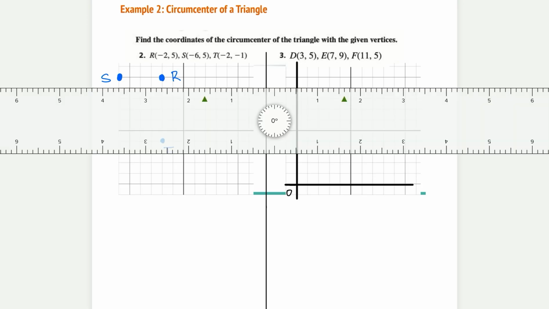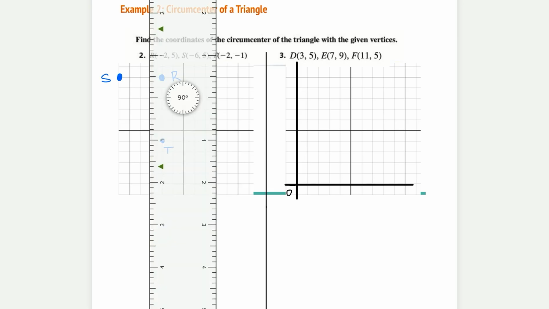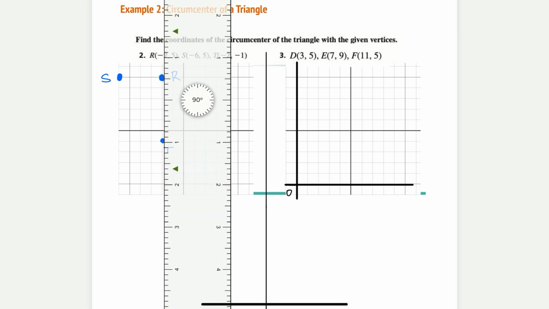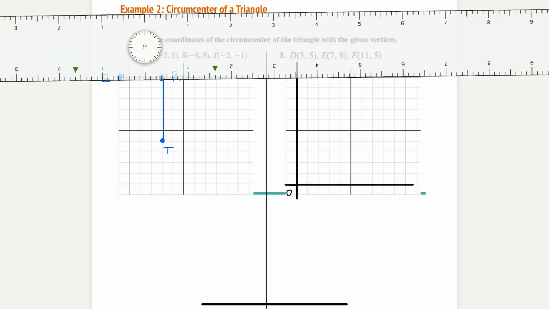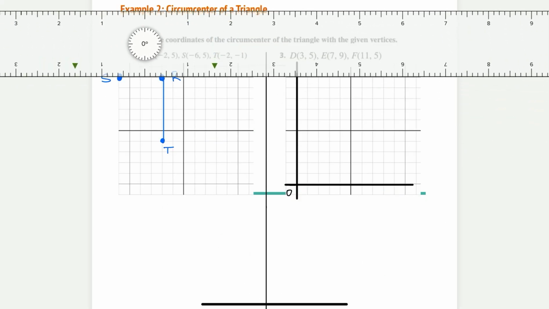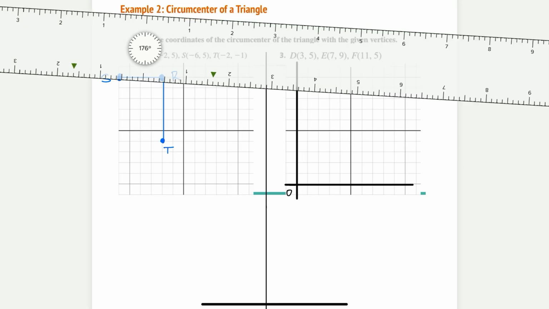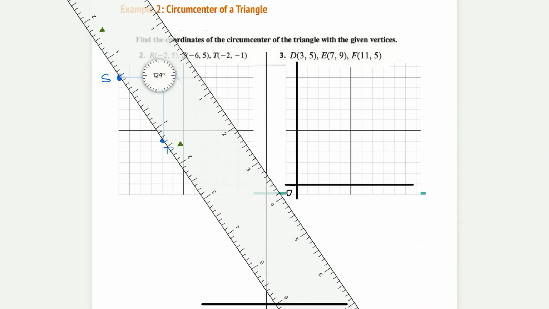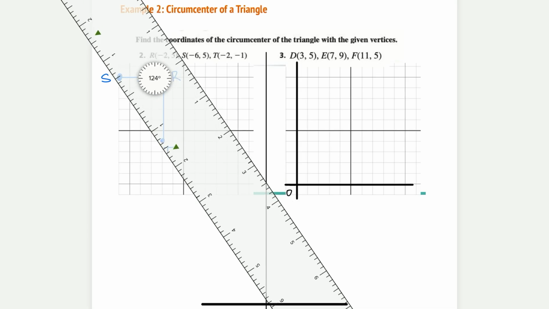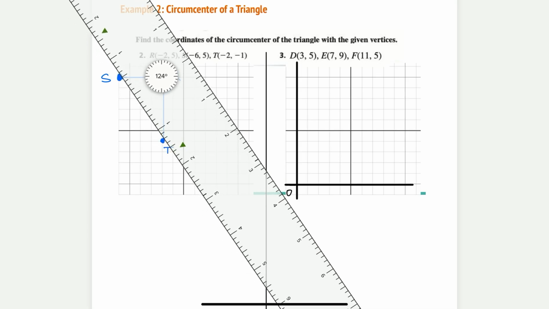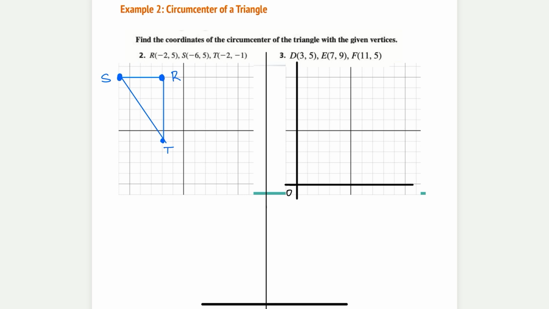So we can make a line here. Let's connect them. Okay. So now we have here a triangle, and let's use this graph to find the midpoints.